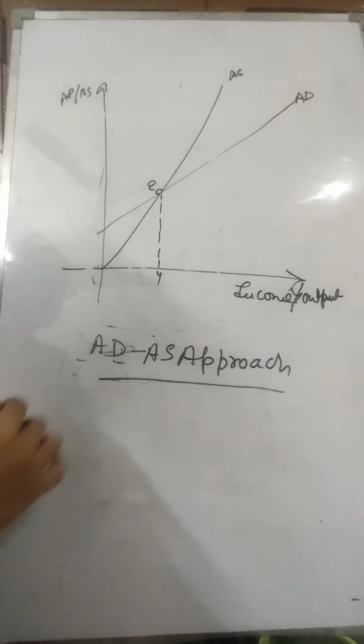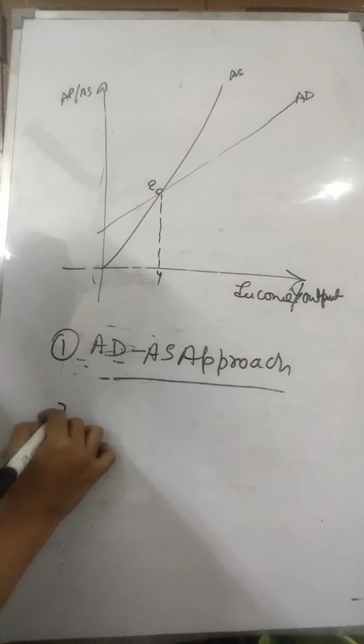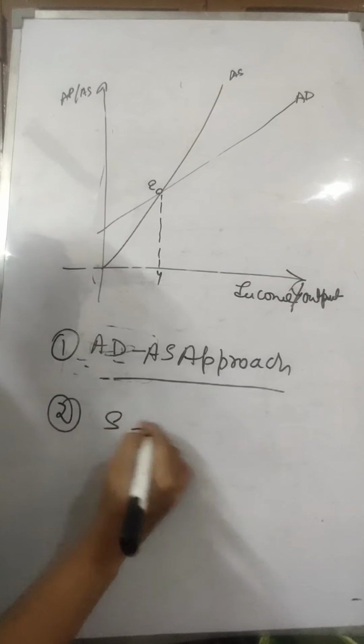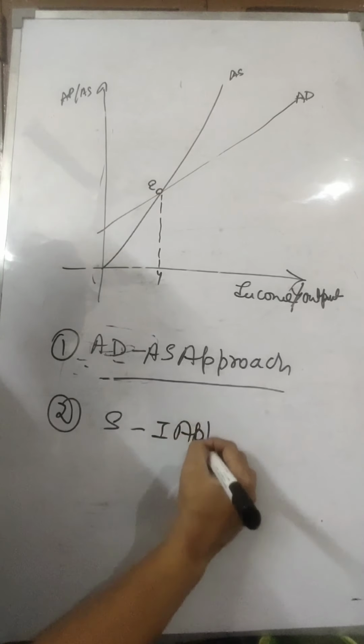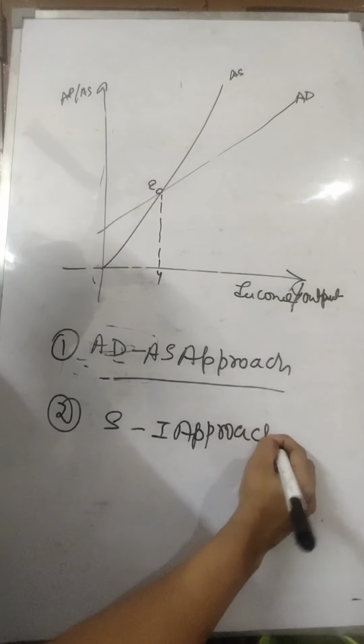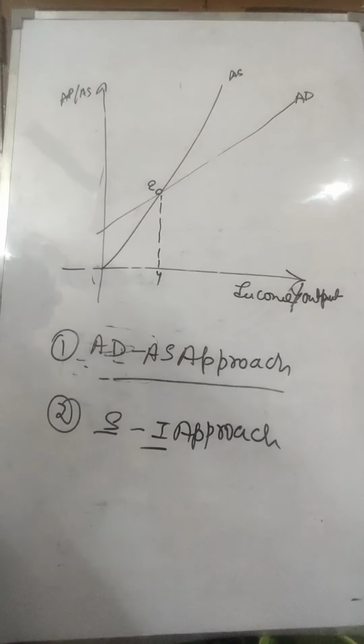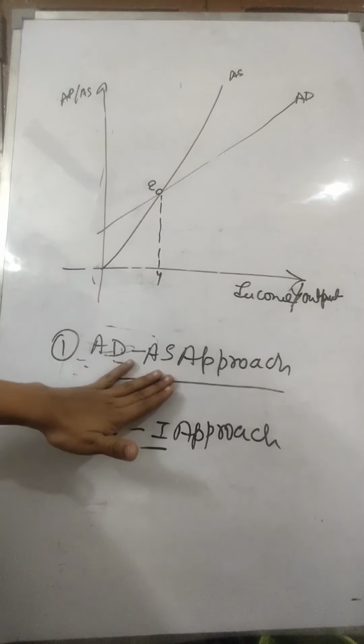Now there are two approaches. First is the AD-AS approach and second is the S-I approach, that is our savings and investment approach. So first we will be doing the AD-AS approach.